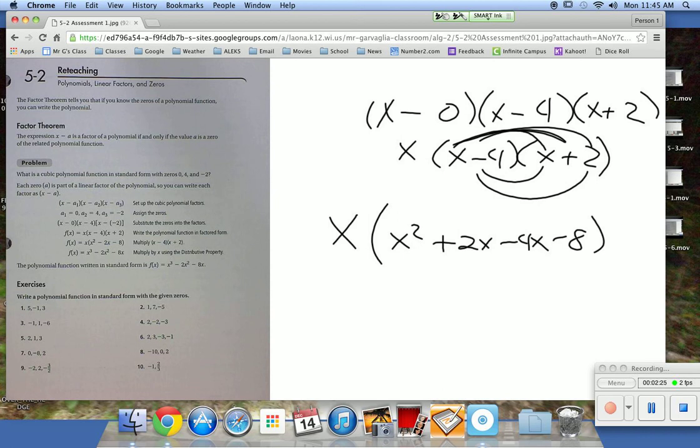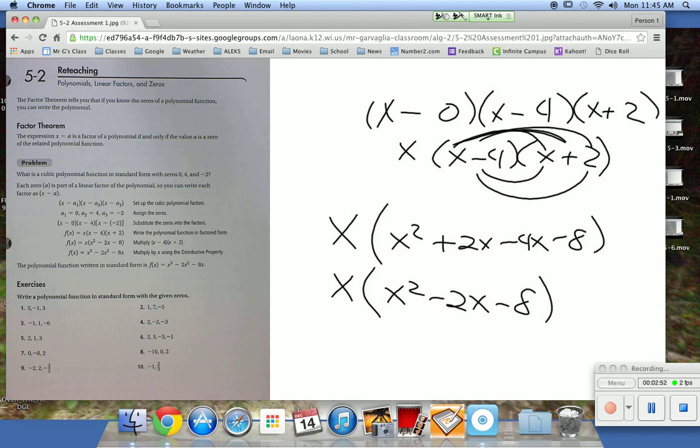Now we can combine like terms. Let's leave our x here. There's only one x squared, so we'll leave that. There's a plus 2x and a minus 4x. We combine those two, we come up with minus 2x. And then there's only one negative 8. The last thing we can do here is carry our x through.